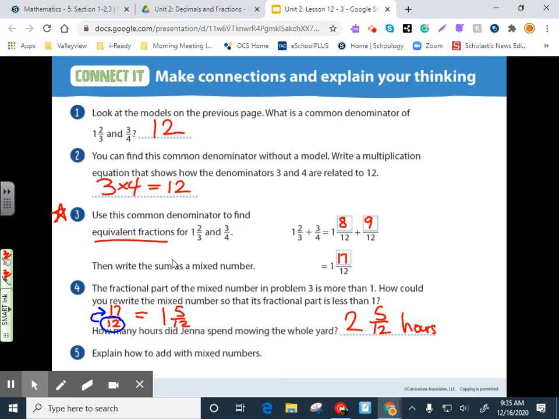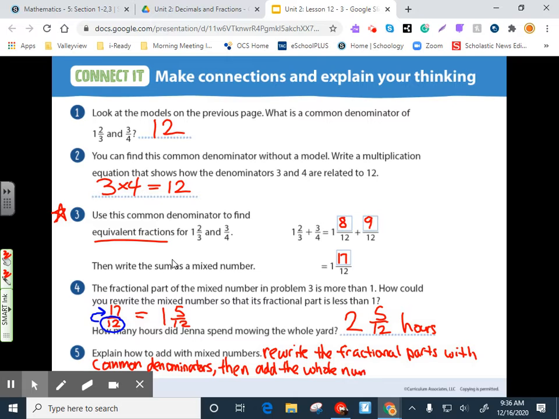And explain how to add with mixed numbers. We would rewrite the fractional parts with common denominators, and then add the whole numbers.